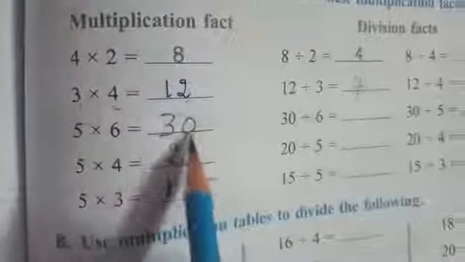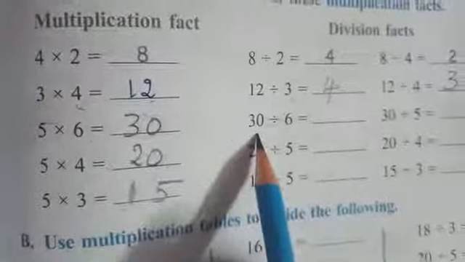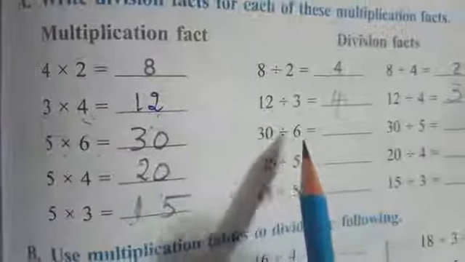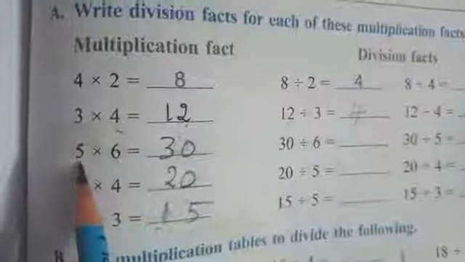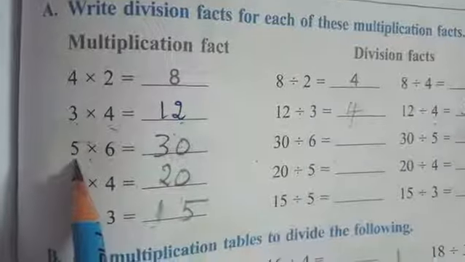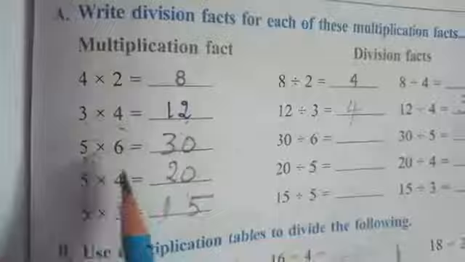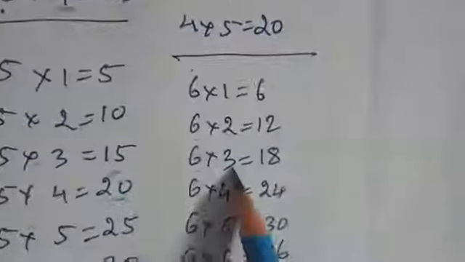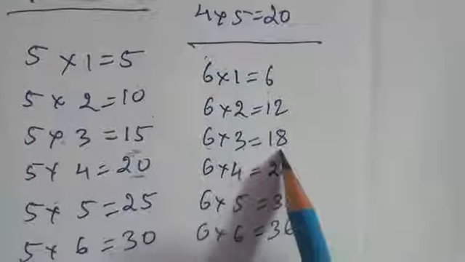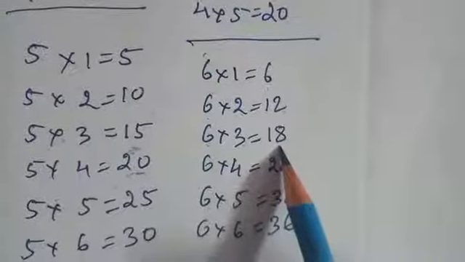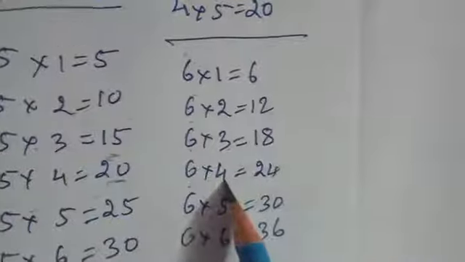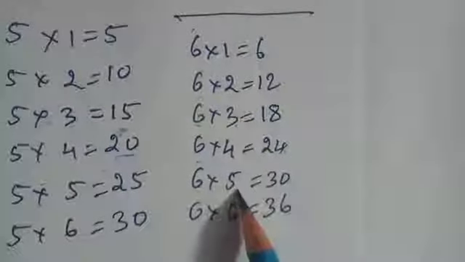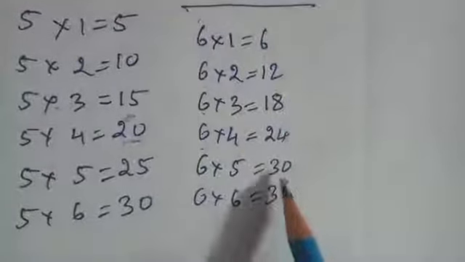5 6s are 30. Here 30 is the number. 30 divided by 6, what is the answer? 5. We'll see the 6 table: 6 1s are 6, 6 2s are 12, 6 3s are 18, 6 4s are 24, 6 5s are 30.